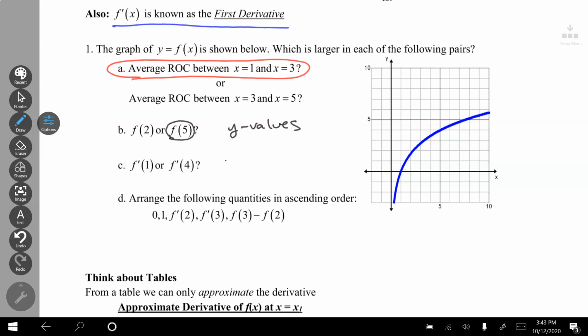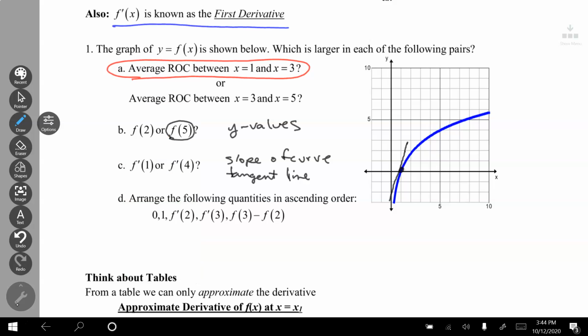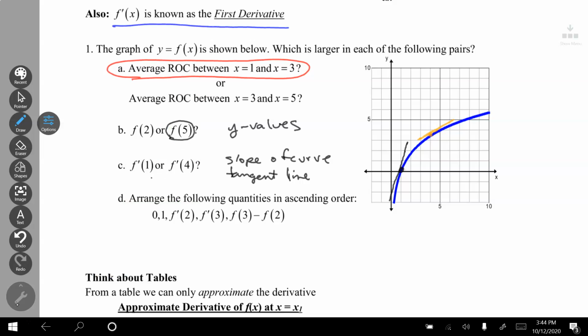This is the slope of the curve at that point, or what I call the tangent line. So here's 1, and here would be its tangent line, best I can do. And here's 4, and here's its tangent line. And the black one is definitely steeper than the orange one.